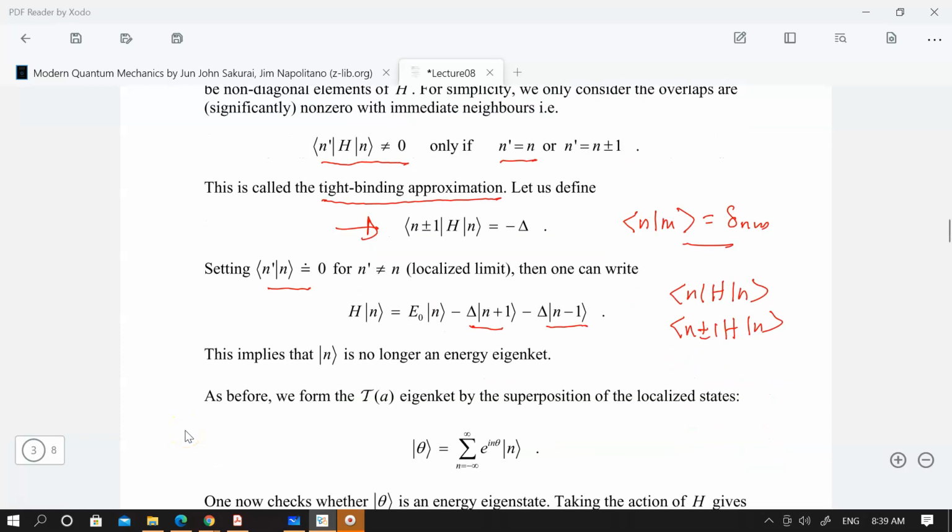So once you have this, what does that mean? Essentially, when your Hamiltonian acts on n, if it's an eigenstate of the Hamiltonian, then it will just give you a value times n. But it's not. Okay, you have these extra terms coming in. Your ket n is no longer an energy eigenstate.